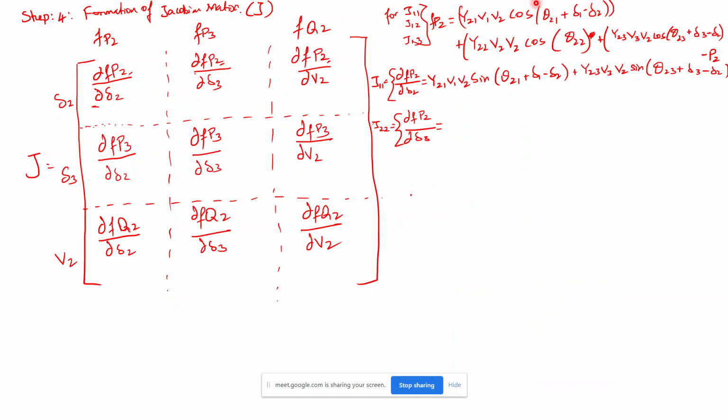No. Only here it is del 3, plus del 3, and it is cos, so you will get a minus sign.